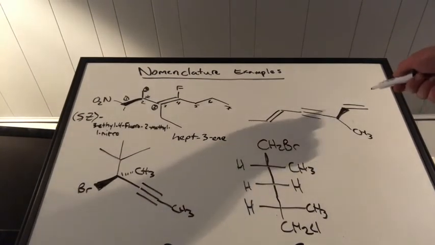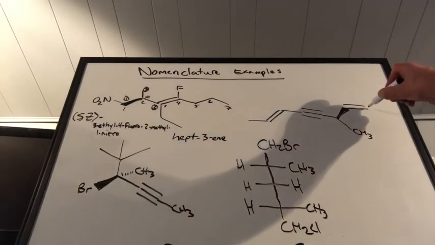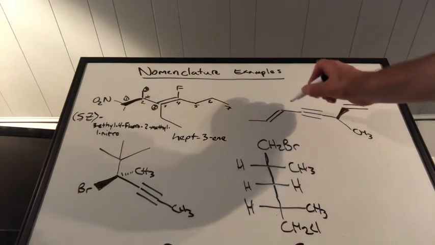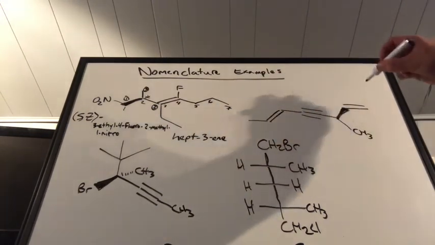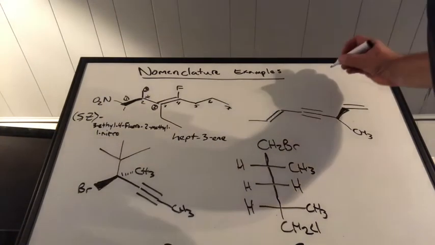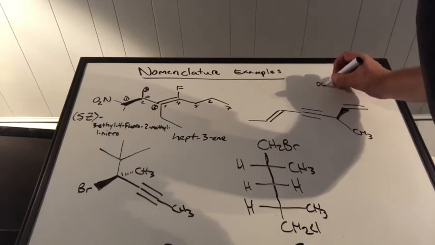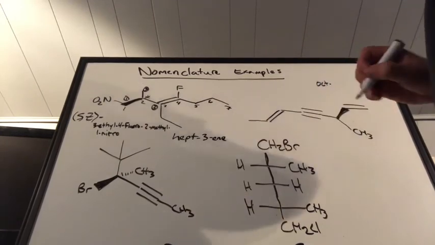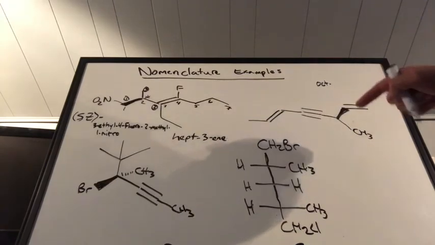Okay, so we have longest contiguous carbon chain here, which is going to be 1, 2, 3, 4, 5, 6, 7, 8. So oct, ene, yne. So oct, diene, right?